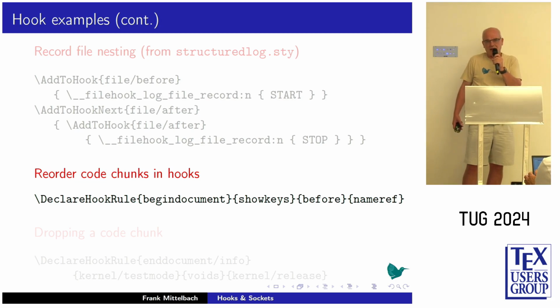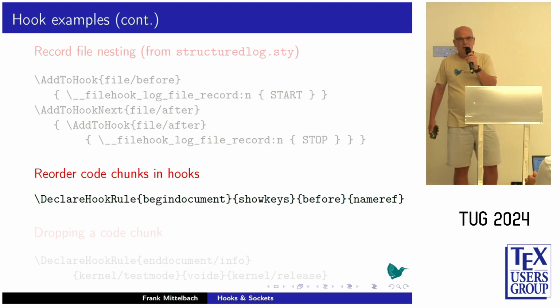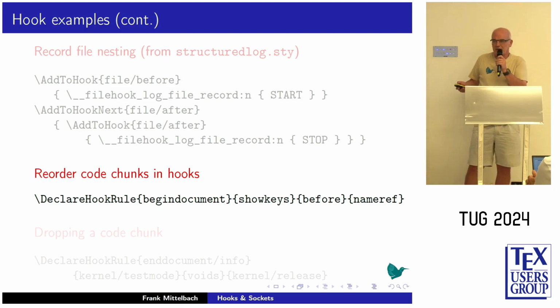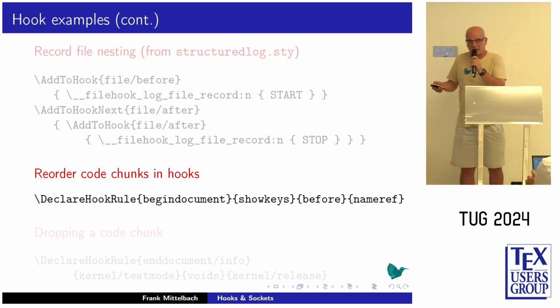So when both packages are loaded, they both store stuff in the begin document hook, and they should do it in this order, or the execution should happen in this order, okay? If only one is loaded, nothing happens. If none is loaded, also nothing happens, and the code is thrown away at the begin document.